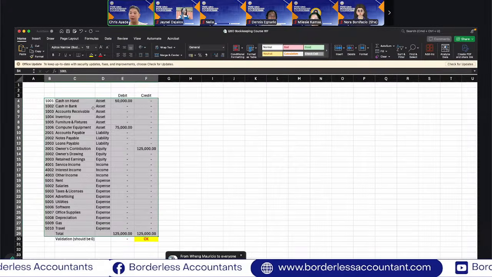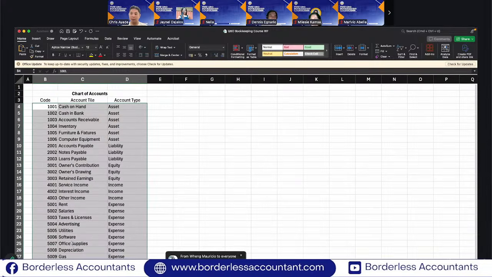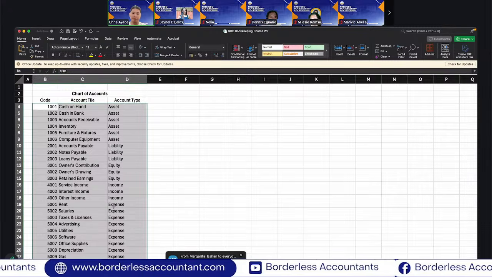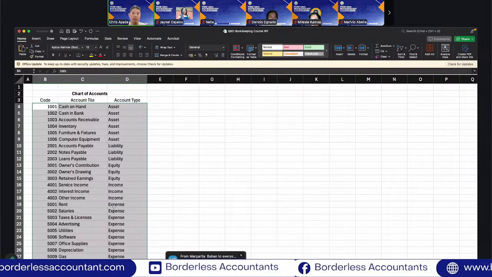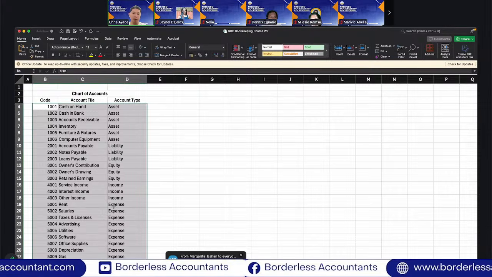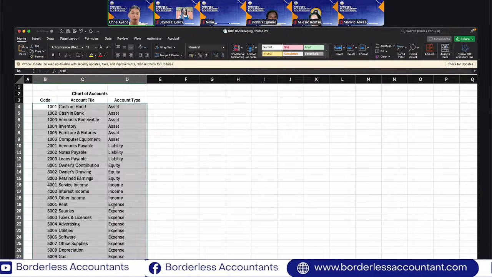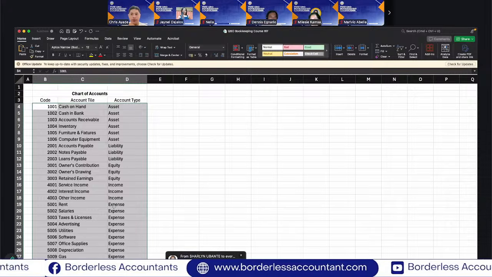Anong pwede mong i-debit sa transaction na ito? Is it service income? So ano yung na-receive mo? Service? Accounts receivable. Ikaw yung nag-service, diba? So hindi ikaw yung naka-receive. Ikaw yung nag-render ng service. Ikaw yung nagbigay ng service. Ano yung na-receive mo in return for the service? Service income?